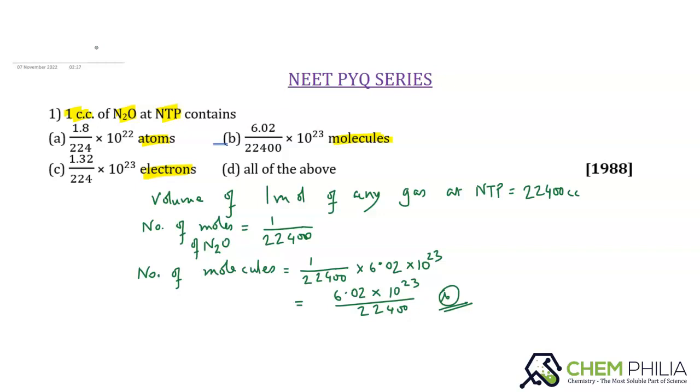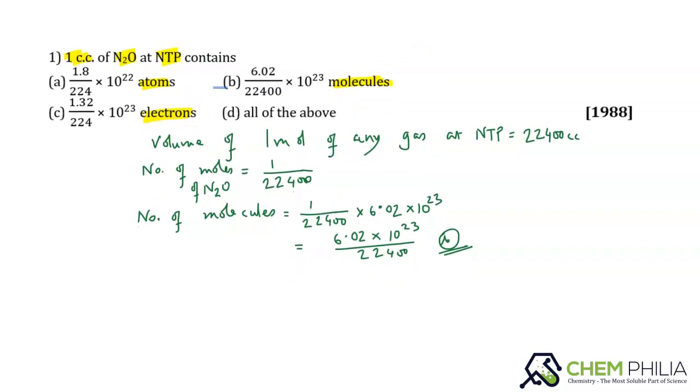Now let us look at the other options as well. Option A is regarding the number of atoms. Now you can see that in N2O, that is nitrous oxide, the number of atoms in one molecule is 3, because there are 2 nitrogen atoms and 1 oxygen atom.